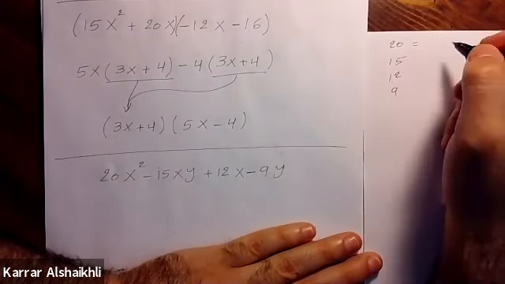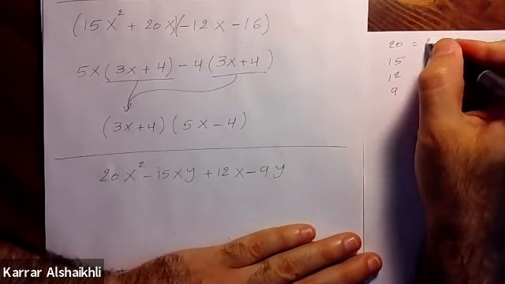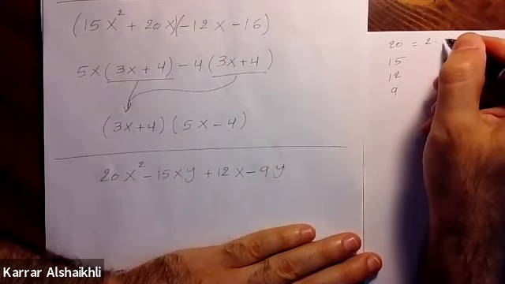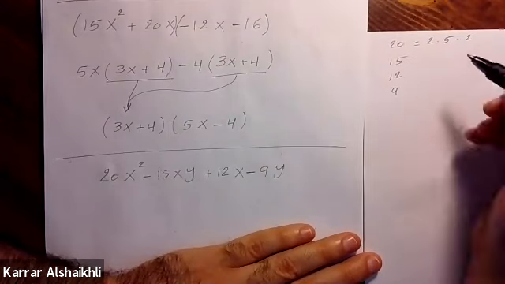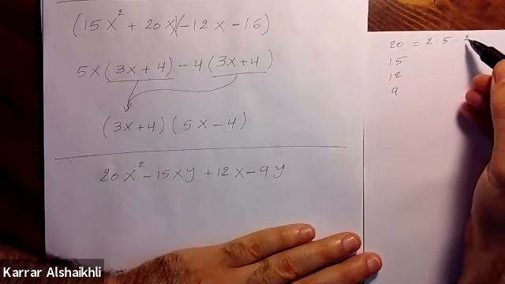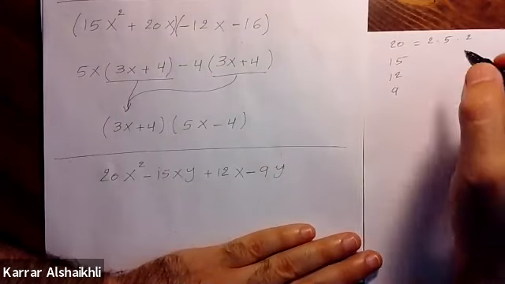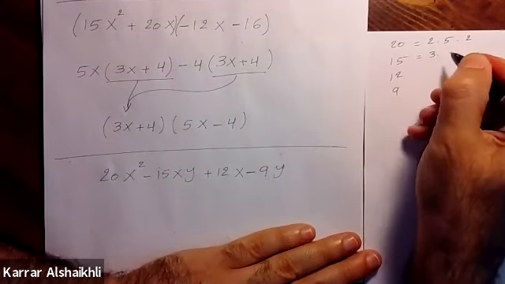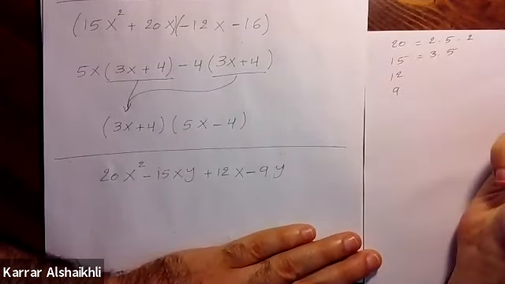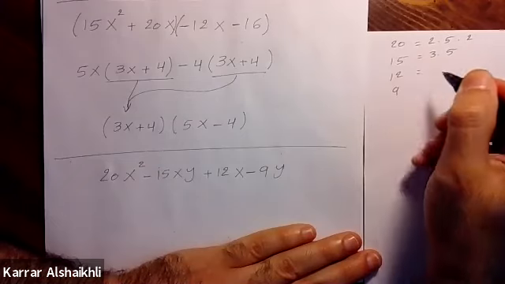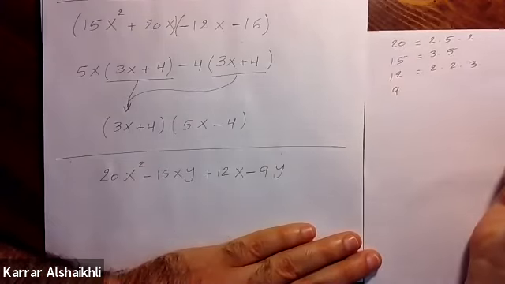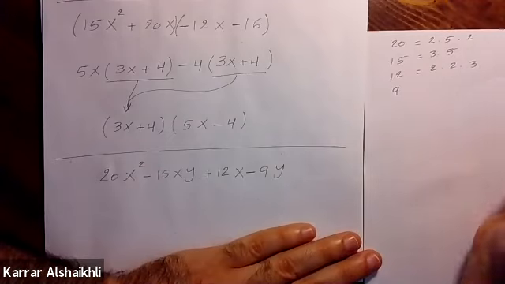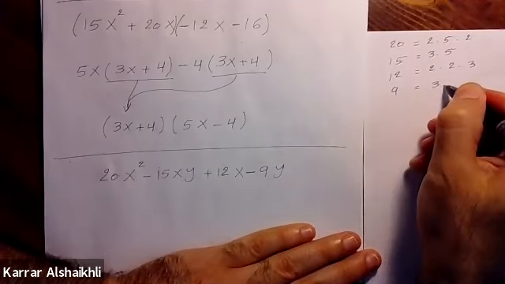The 20 is 2 times 5 times 2. 2 times 5 is 10, times 2 is going to be 20. 15 is 3 times 5. 12 is 2 times 2 times 3. 9 is 3 times 3.